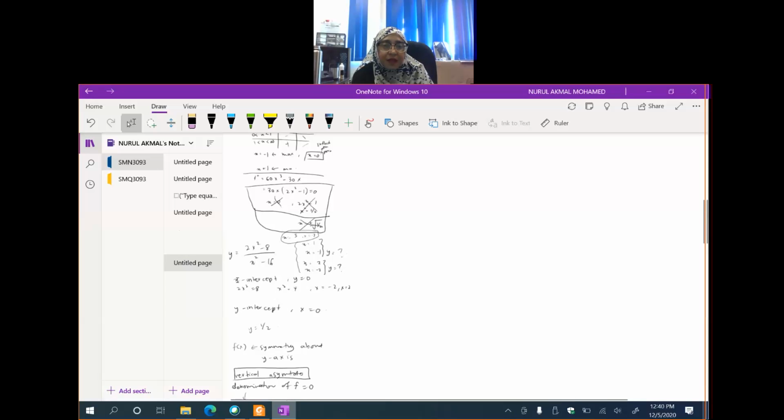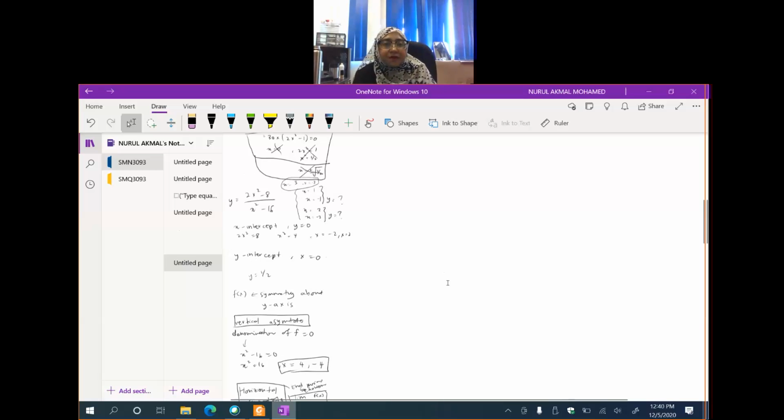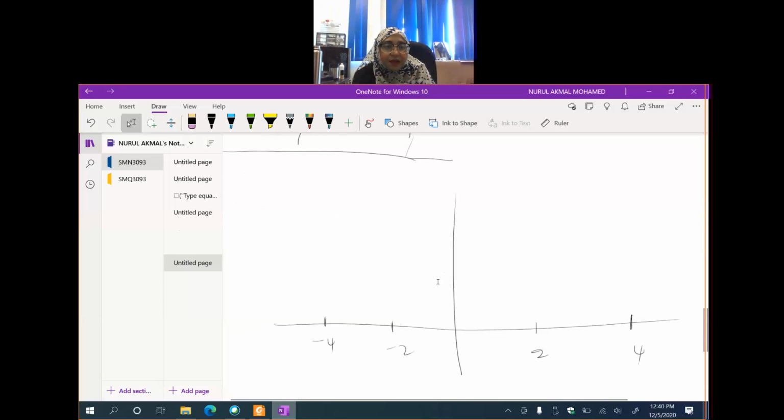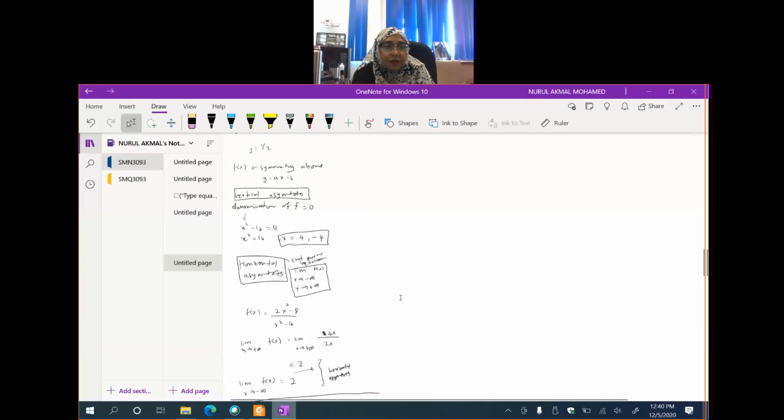Now the x-intercepts: x equal to -2, 2, and 0. The x-intercepts are this point here, this point, and this point.